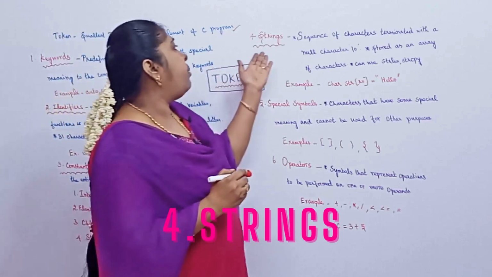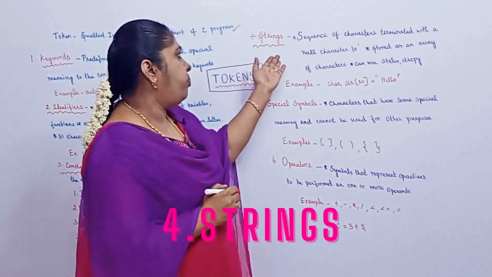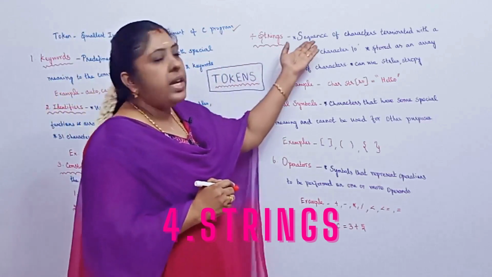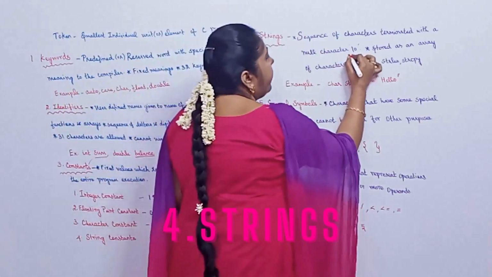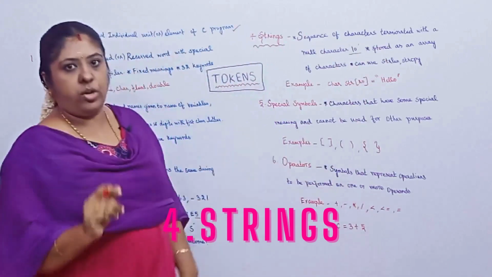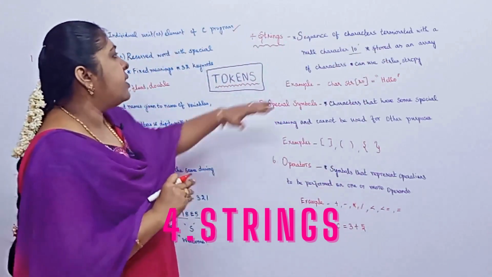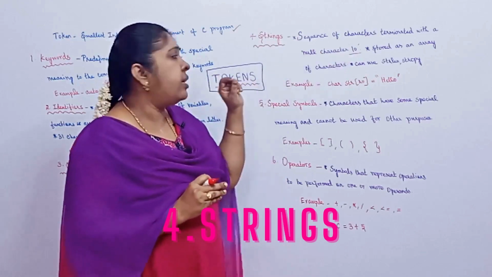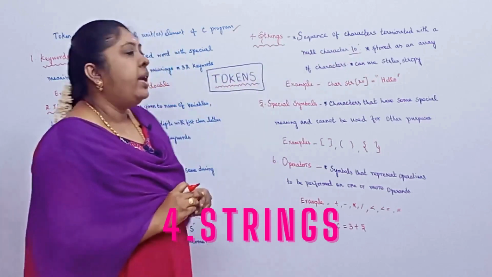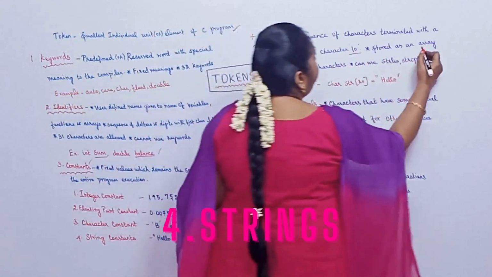And then the 4th type consists of the strings, which are nothing but a sequence of characters terminated with a null character, \0. That is, strings are always represented by a sequence of characters terminated by a null character. It is stored as an array of characters.